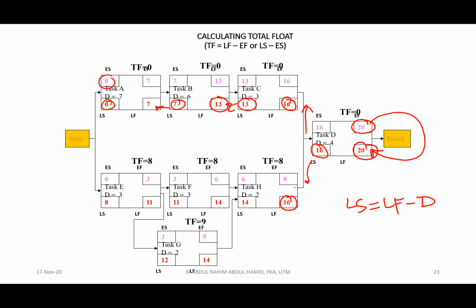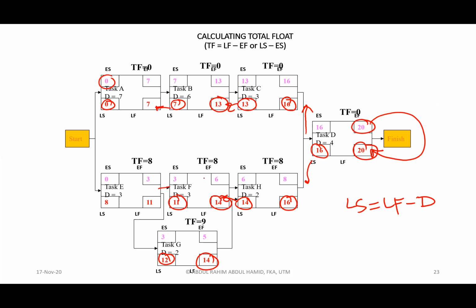And then how about H? 16 minus 2 equivalent to 14. But remember, 14 will go inside this box, and it will go inside this box as well. So within the box, you just subtract the duration: 14 minus 3 equivalent to 11, 14 minus 2 equivalent to 12.